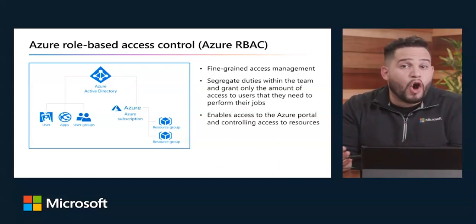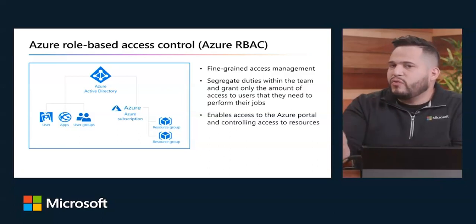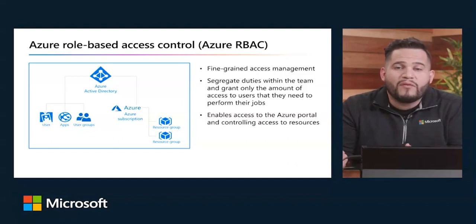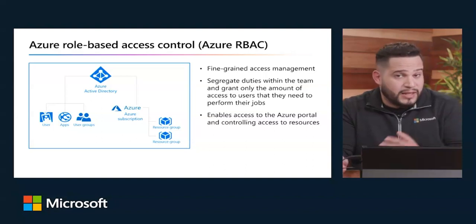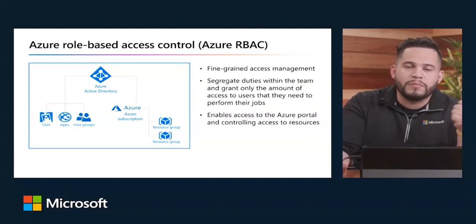So you're giving them authorization, whether they're allowed to read, whether you're allowing them to write, whether you're allowing them to delete. So if you have one role, let's say I have a role for a resource group that allows me to read a resource group, but then I have another role that allows me to write to that resource group.